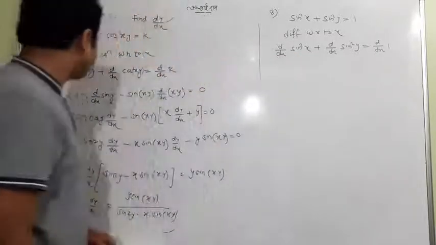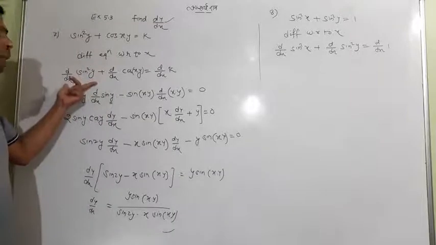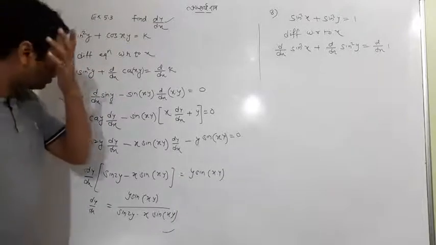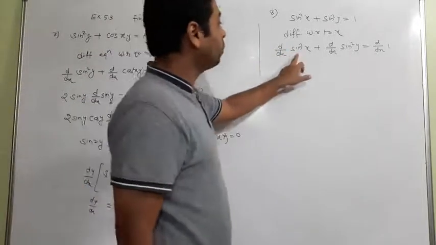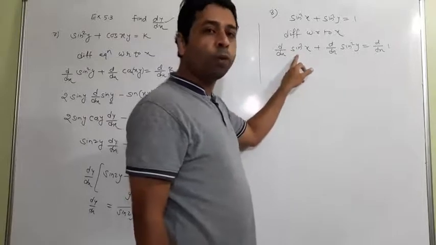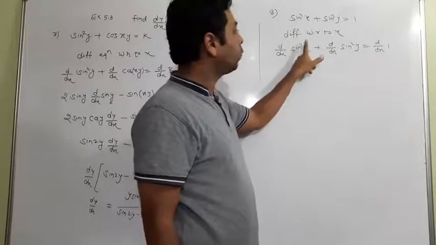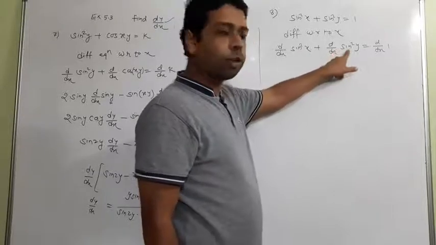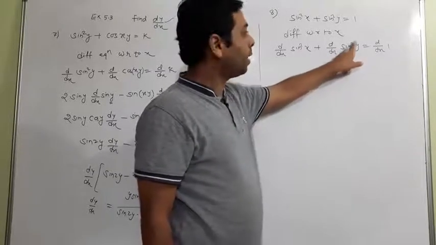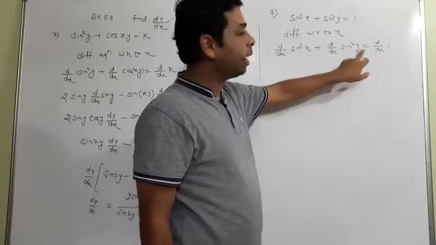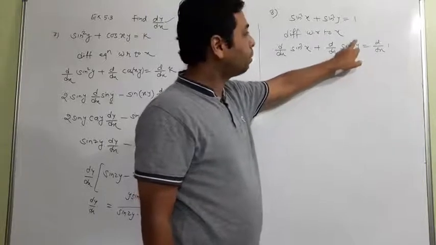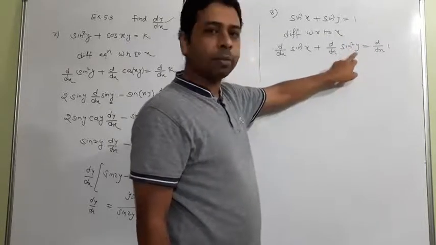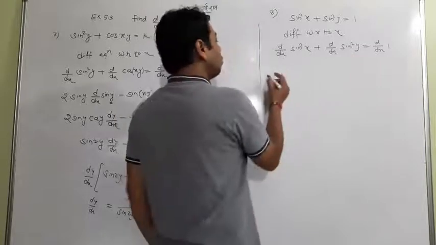You don't get confused; we did recently d by dx of sin square y. Same as I will do here. How many functions do we have? This time 2 functions because it is x: first power, then sin x. But here it is 3 functions: first power, then sin, and third is y. Like that. Okay.